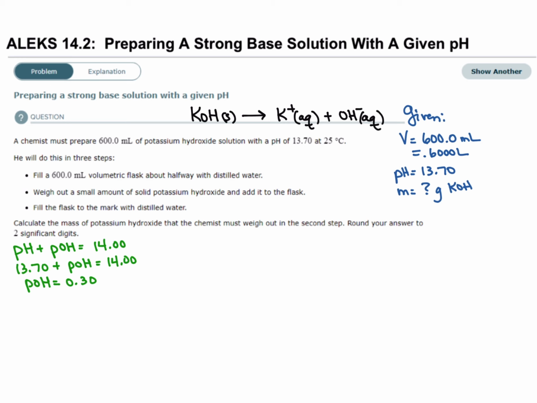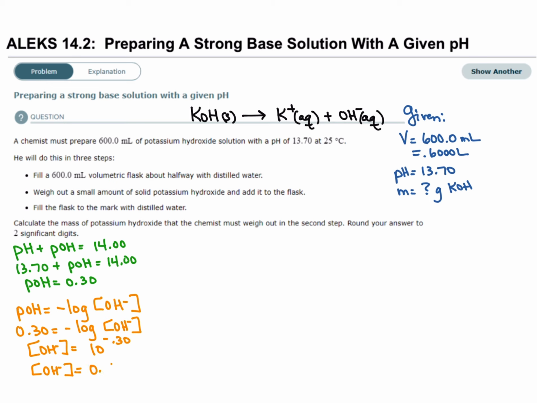Now that I have my pOH, I can solve for the concentration of OH minus. pOH is equal to the negative log of the concentration of OH minus. And the concentration of OH minus is just 10 to the power of negative 0.30. And I want to make sure that I don't round too early, so I'm going to take this out a few more digits than I really need to.